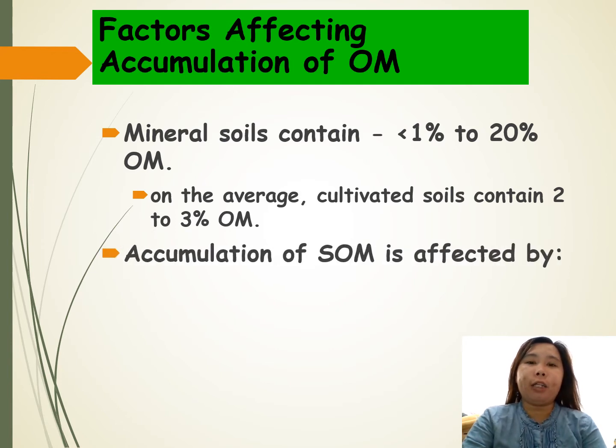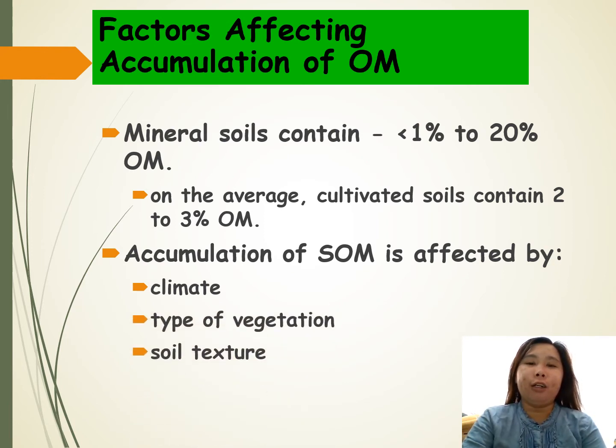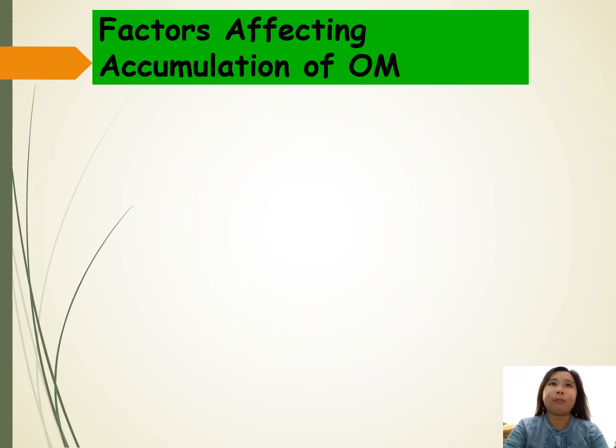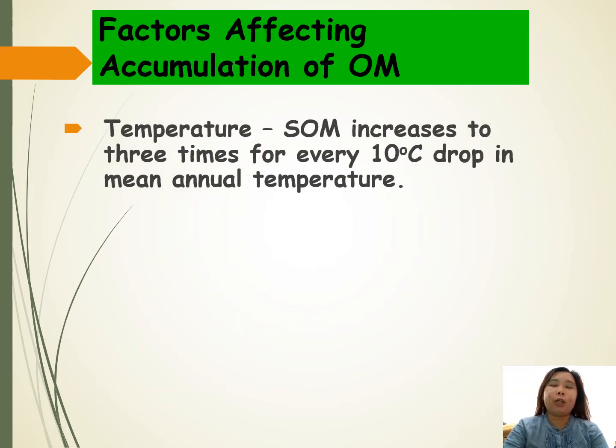And accumulation of soil organic matter is affected by the climate, the type of vegetation, soil texture, and farming. So let's talk first about the climate. One of the factors related to climate is the temperature.